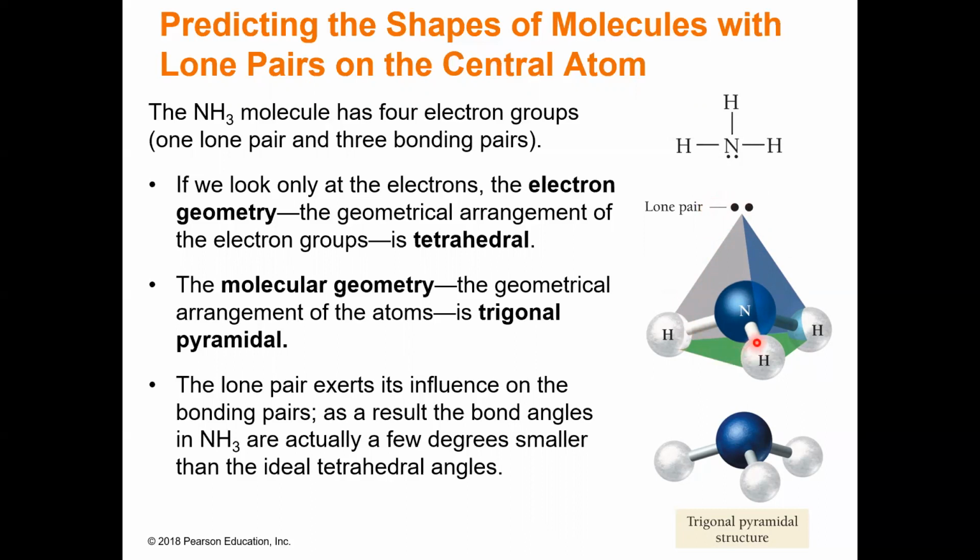So the bond angle between one bond and another is going to be a little bit less than 109.5. Specifically, when we have one electron pair pushing the other bonding domains away, the bond angle ends up being 107 degrees.